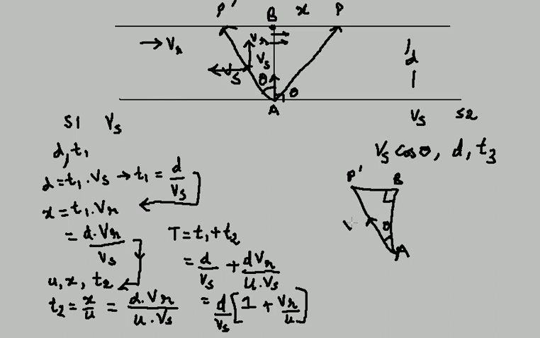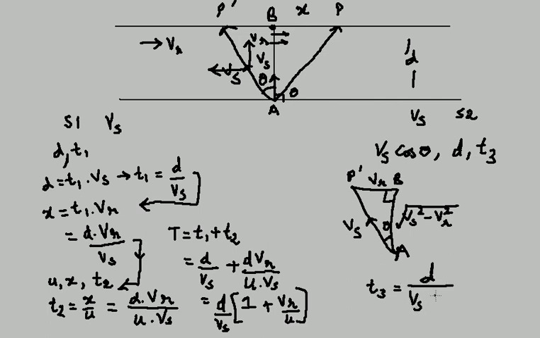This is Vs, this is Vr. So this particular value would be the square root of Vs square minus Vr square. So going by this value, T3 would be equal to d by Vs cos theta.